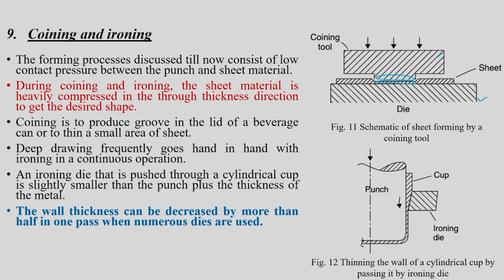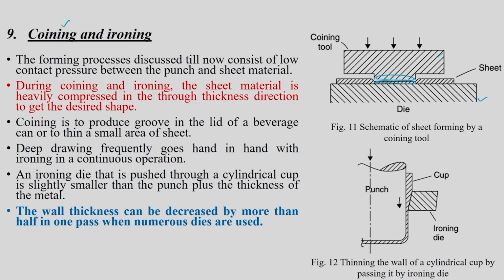It is basically some sort of shallow plastic deformation, but that is going to be very, very intricate, because the sheet we speak of is of the order of 1 to 2 mm, or maybe 2.5 mm, and you have to give some shape in the thickness direction. That shape is going to be a little intricate, and finer dimensions have to be captured. That is one important thing when you speak about coining.